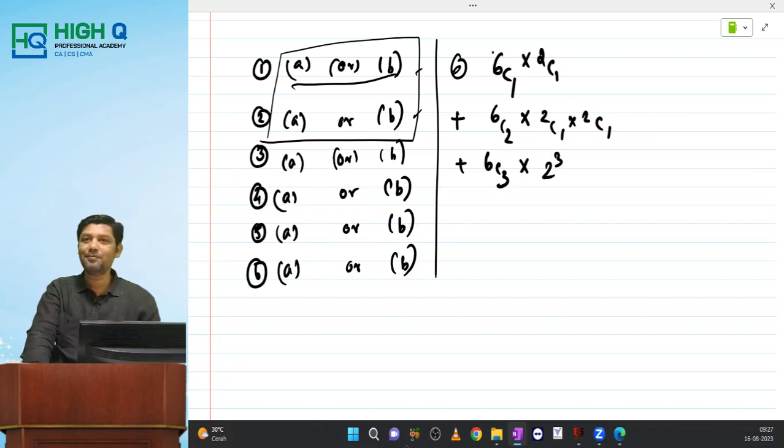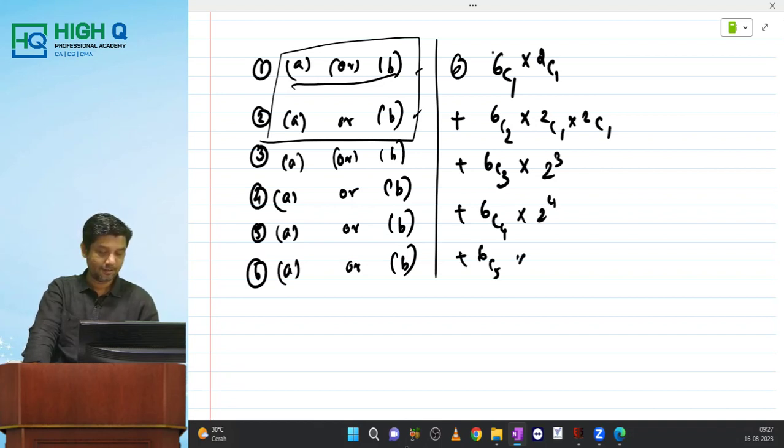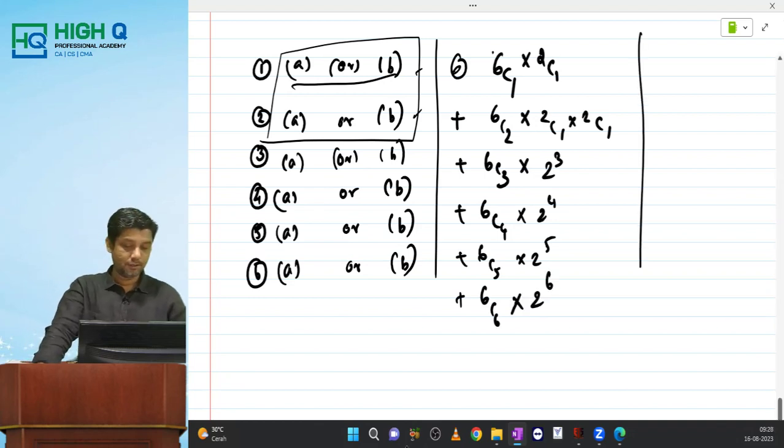Is it 2 cube? Do it. I think this simplification you can do.